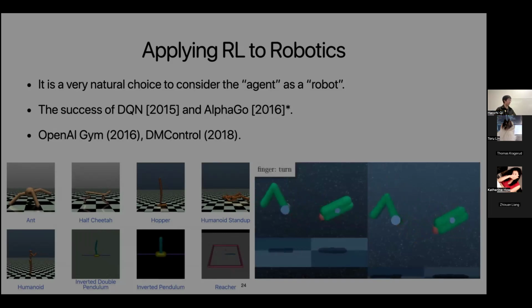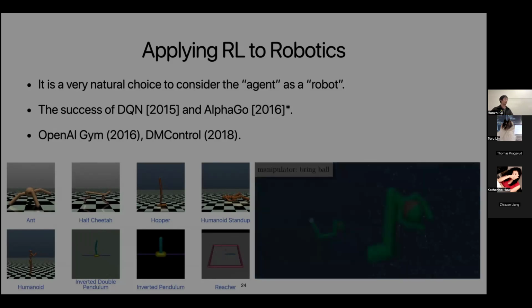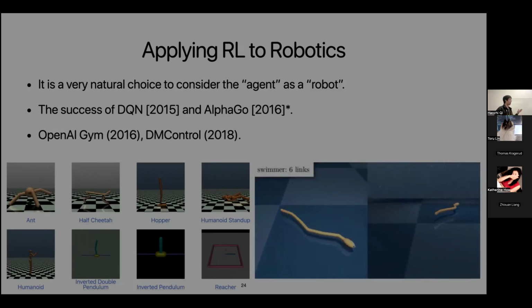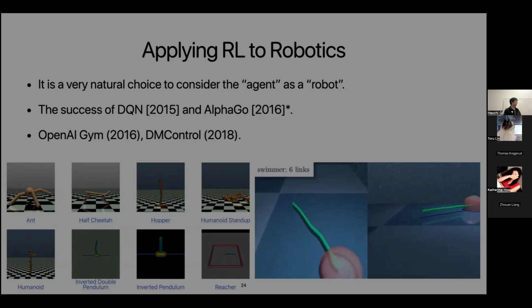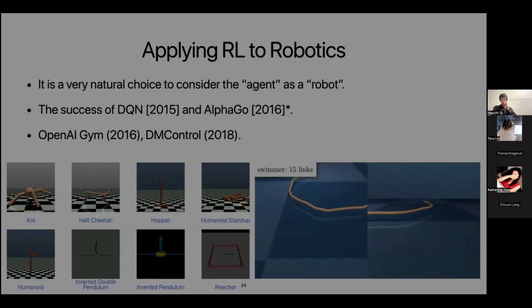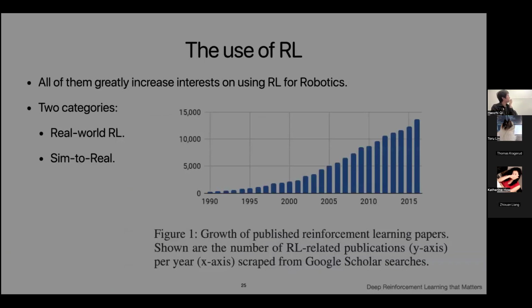You can do this research by writing Python code for simple algorithms, instead of having to consider how to define these models and how to communicate with different C++ code. All of this greatly increased the interest in using RL for robotics. Of course, interest in RL keeps increasing, but it has increased significantly in very recent years.